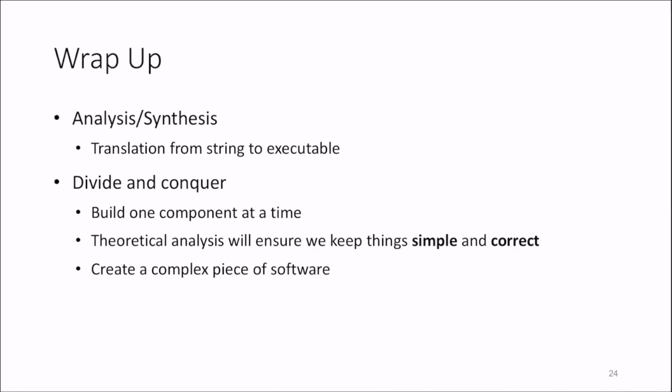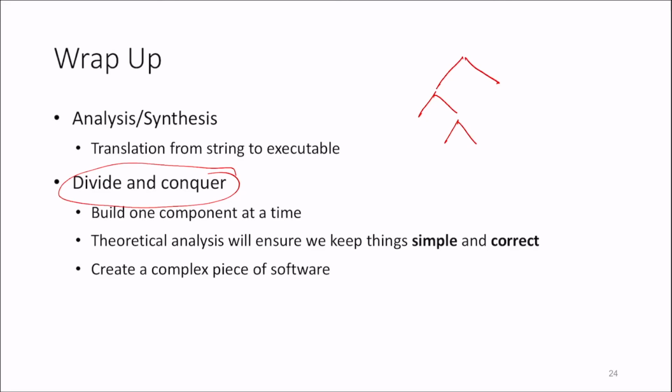Okay, so finally, to wrap up, what we saw in this lecture is how we can analyze a program and convert it to an executable, and all of the stages that happen in between. Each of those stages is what we're going to cover in great detail in the rest of the course. The key idea here is divide and conquer. If I look at analysis, what I'm essentially doing is producing these kinds of tree structures.